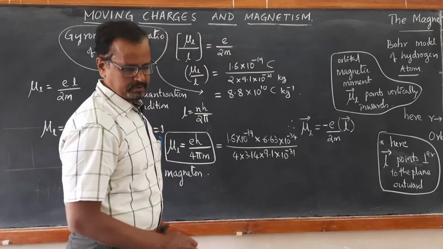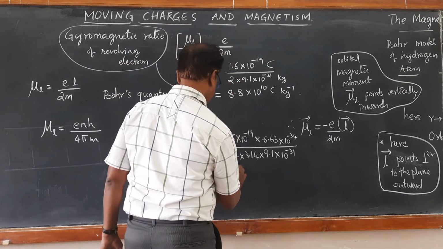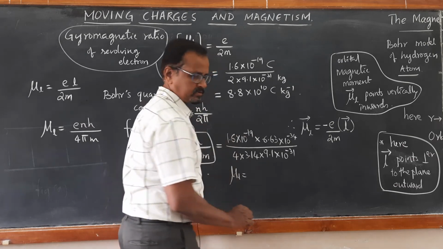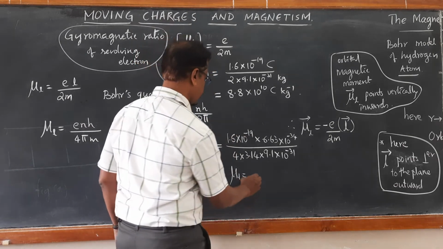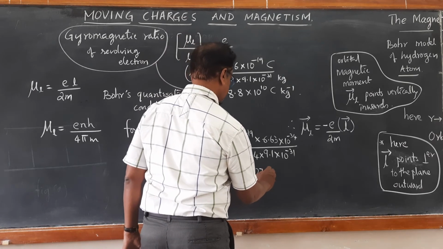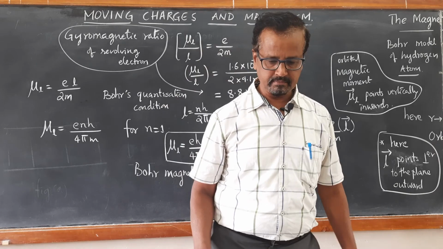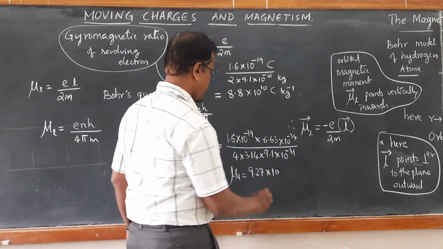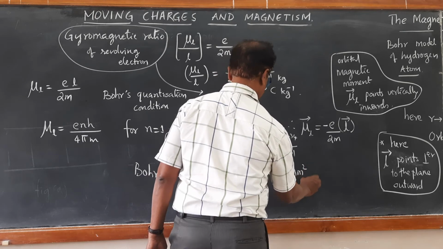If you substitute this, we get a constant: mu L for the electron in the first orbit becomes 9.27 into 10 to the power of minus 24 ampere meter square.